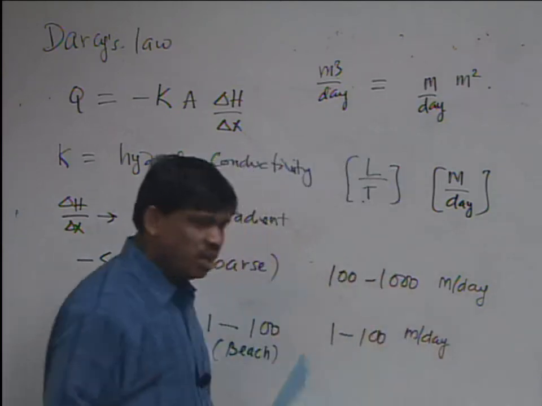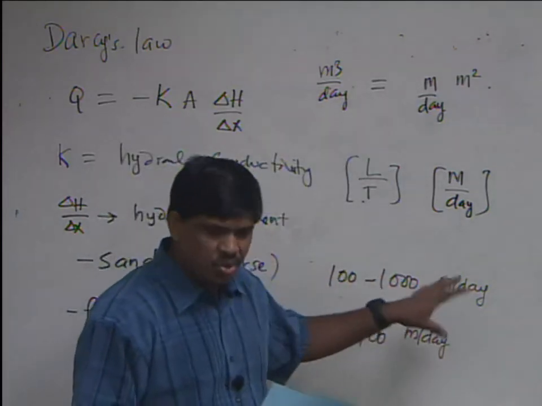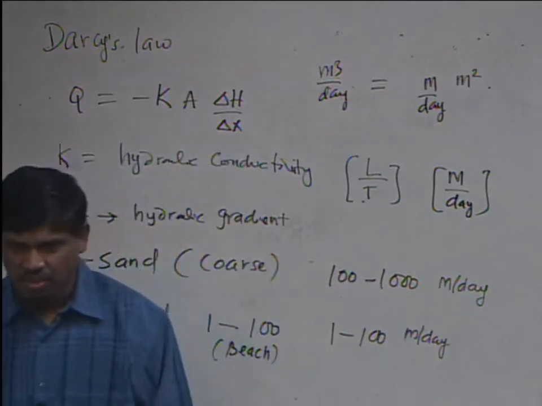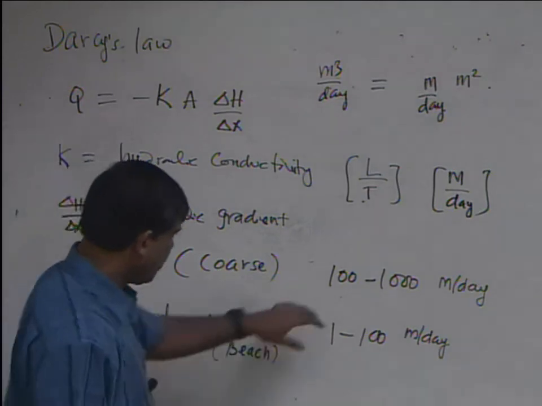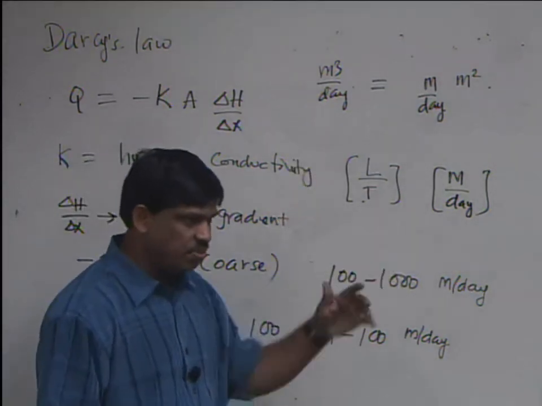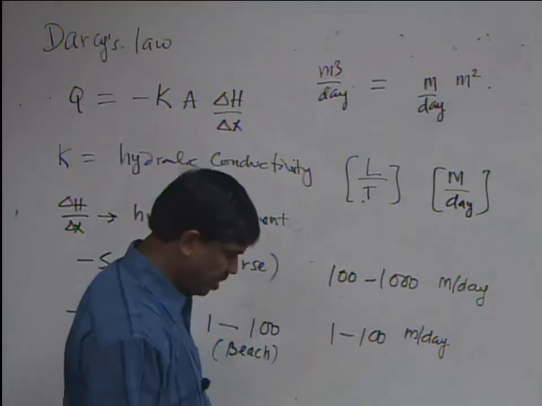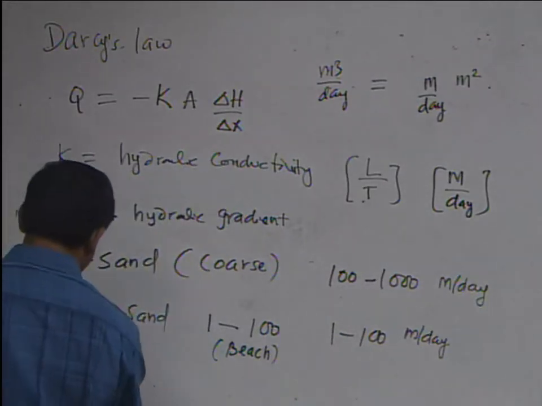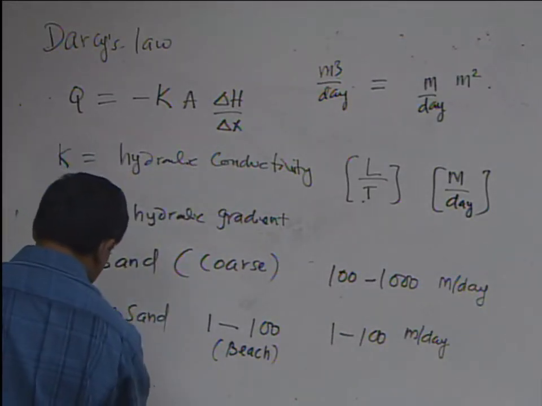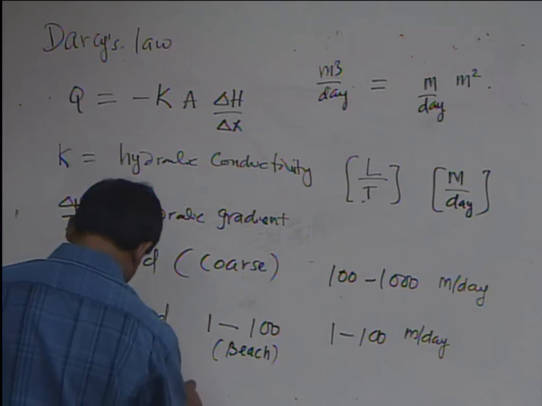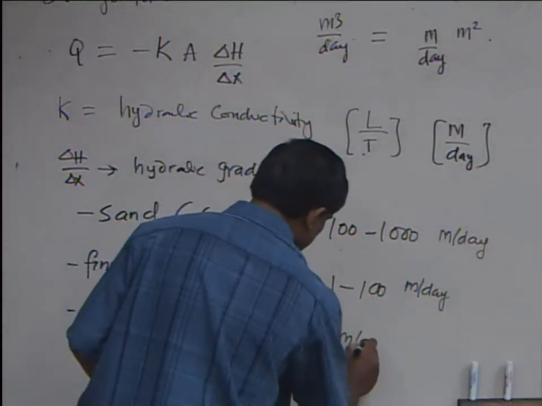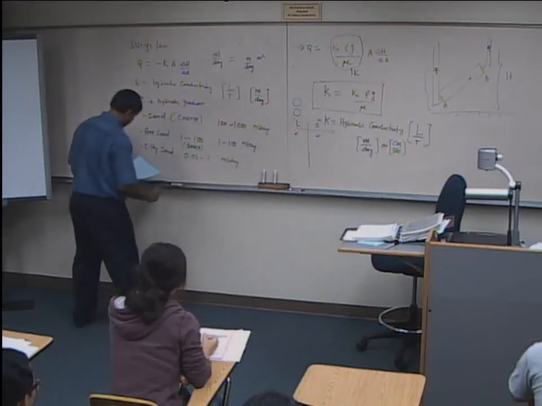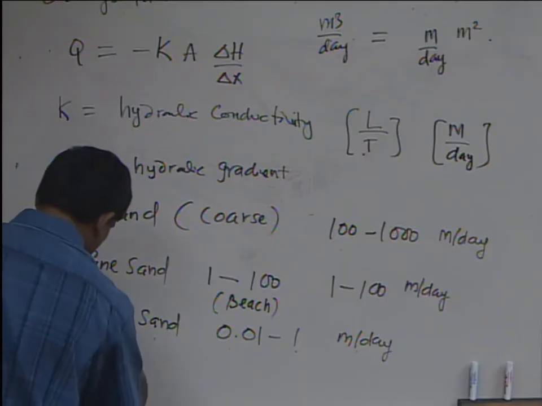You might want to keep one unit so that you can soak in some numbers, and I prefer meter per day. If I remember this, then I can convert to feet per day or whatever I want. So that's a rough estimate. Silty sand. Clay.